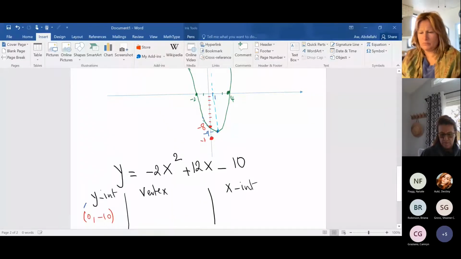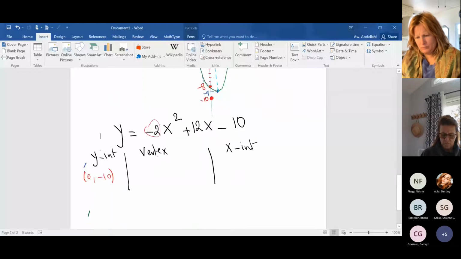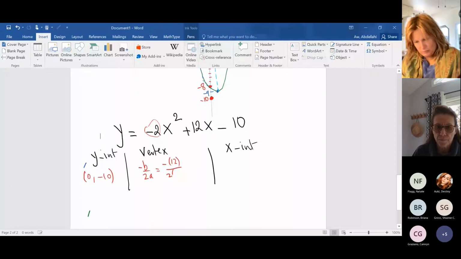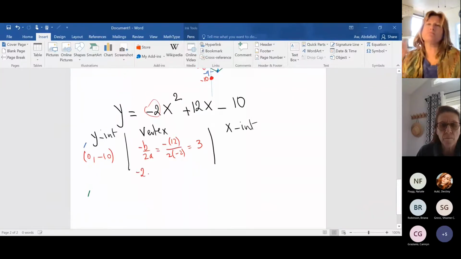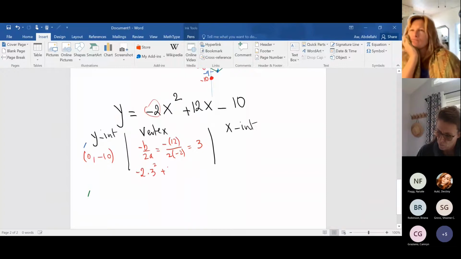By the way, will this parabola open upward or downward? Downward, right? Again, because -2 is negative. So for the vertex, we do negative b over 2a, which is -12 over 2 times -2, which is 3. Now we plug 3 back into the equation: -2 times 3 squared plus 12 times 3 minus 10.